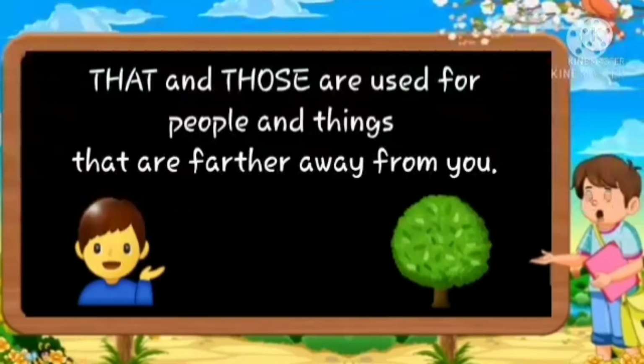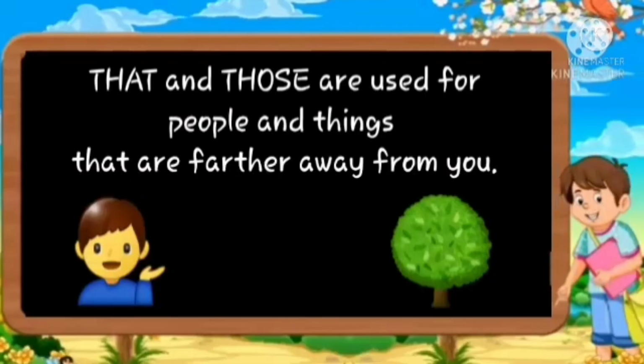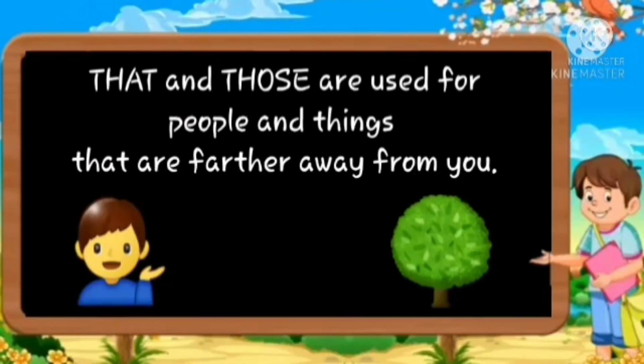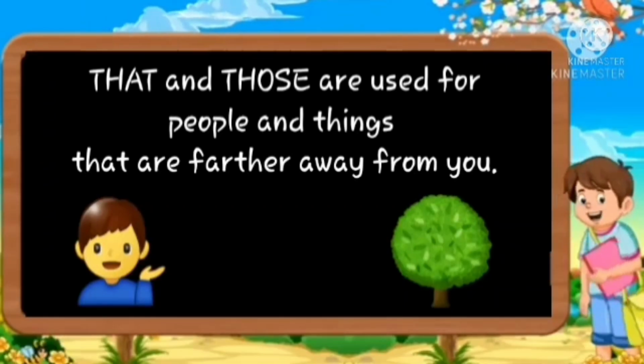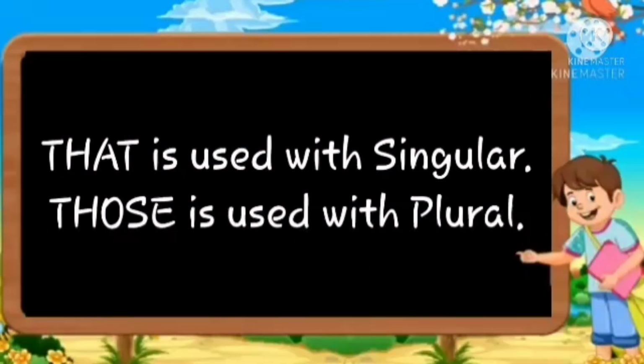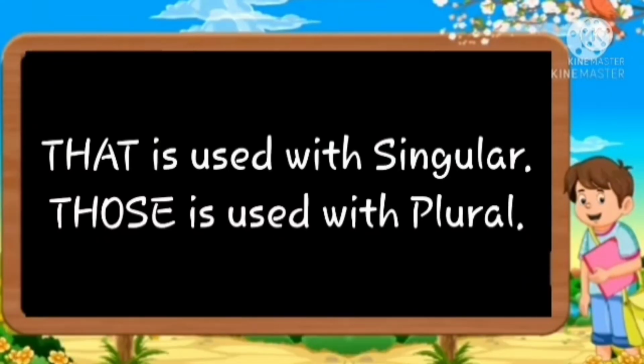And that and those are used for the people and things that are farther away from you, means that they are far away. Okay. That is used for the singular thing and those is used for the plurals.